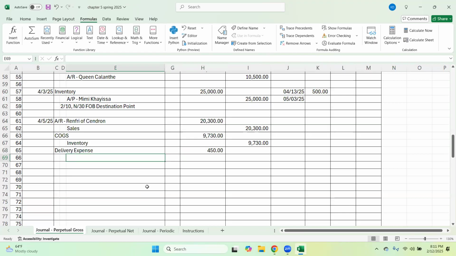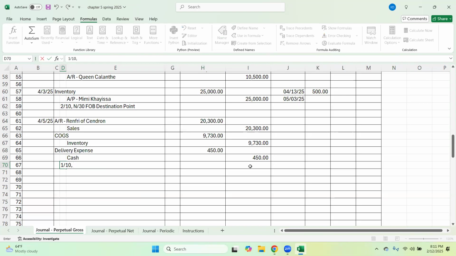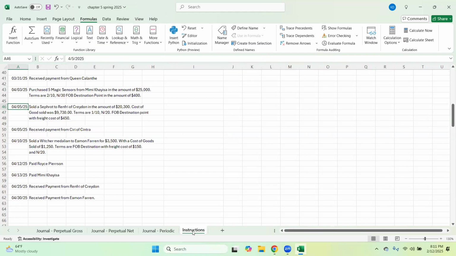Out the door went our cash. Okay, 1/10, I think I had it at 20. Okay, double check. 1/10 net 20.